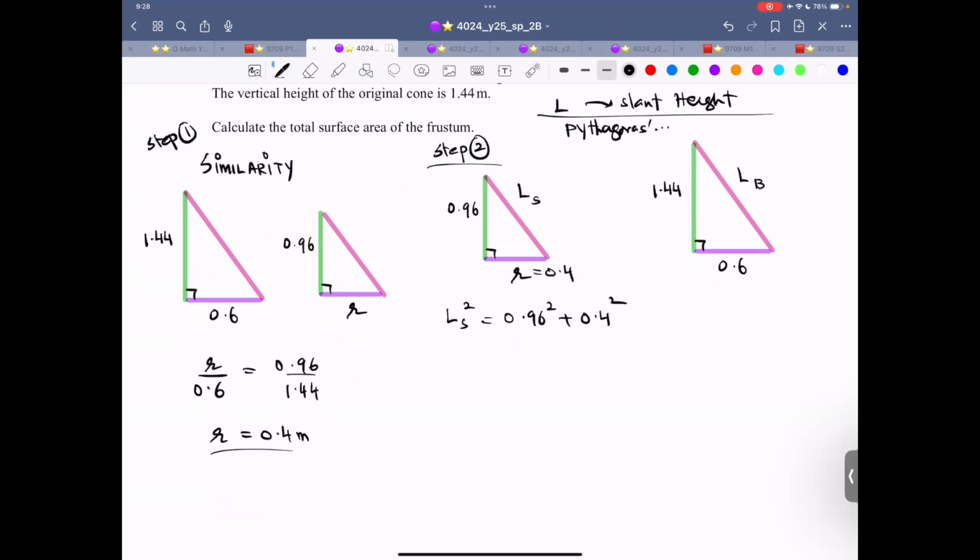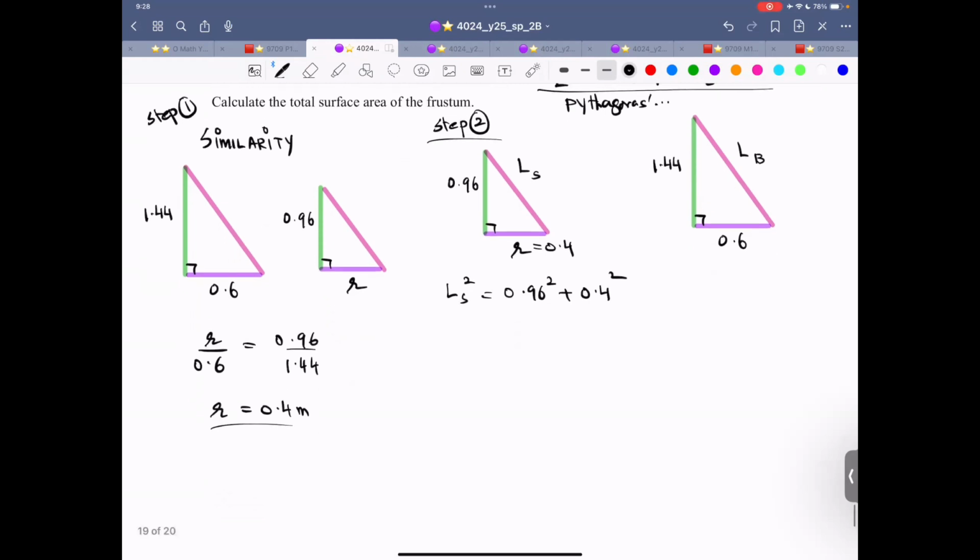So now L small squared is coming out to be how much? This is 1.0816. This is exact. Therefore, L small is coming out to be 1.04. This is exact. Mention the level of accuracy. L big squared is equal to 1.44 squared plus 0.6 squared.